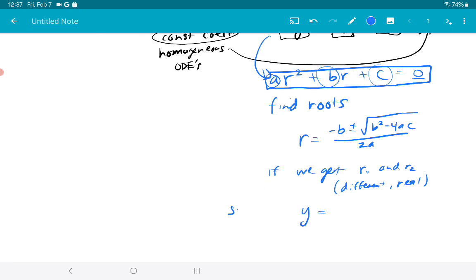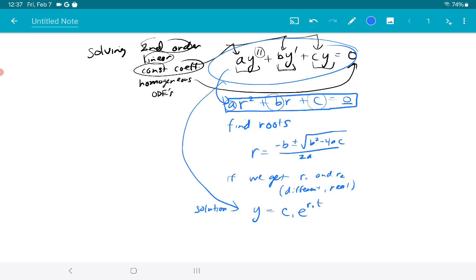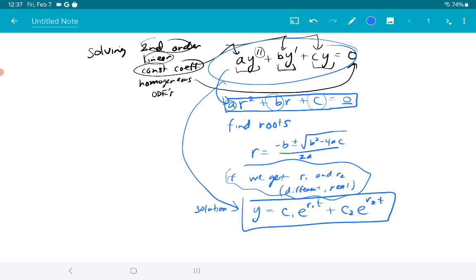The solution to the differential equation written here is y, or y of t, equals c1 e to the r1 t plus c2 e to the r2 t. We've done a number of examples like that. That's when you get two different roots that are real. Okay, we've seen that a number of times. This is the solution to the differential equation you see here.